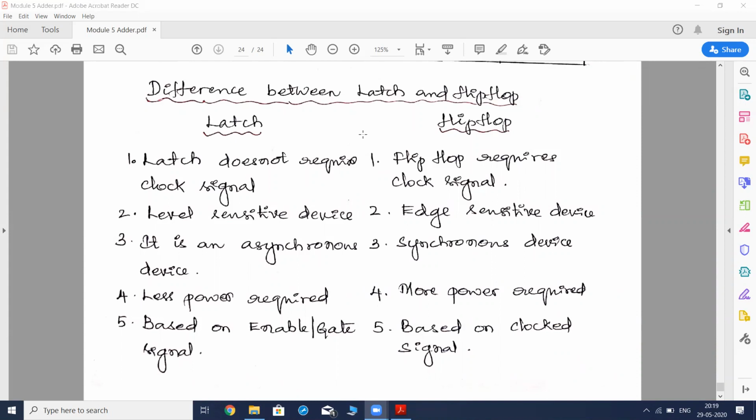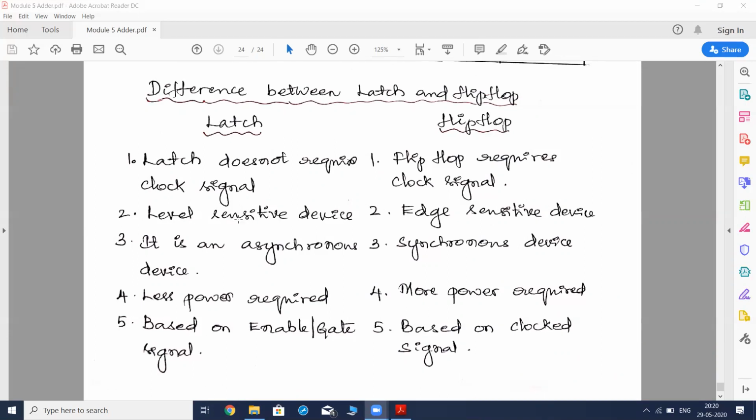Edge sensitive means that during the positive going edge or the negative going edge, they are going to change the state. But latches change the state when the signal is at a particular level, that means either at 0 or at 1.